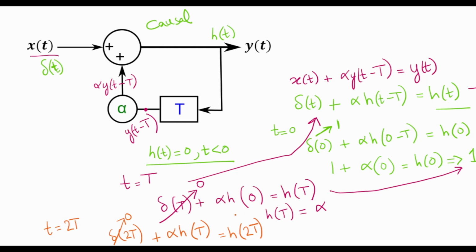And what is h of T? h of T I know is equal to alpha, so my h of 2T is equal to alpha square times 1. So h of 2T becomes alpha square.